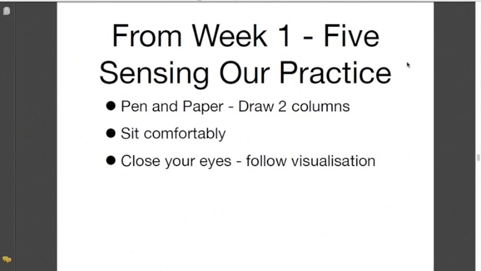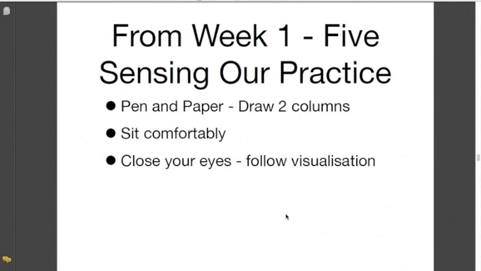Okay, I've got a poll. If you'd like to just finish off rating your list, just count up how many you've got on your what you'd like to change list, and we've got a poll for that. That's in the five sensing exercise.